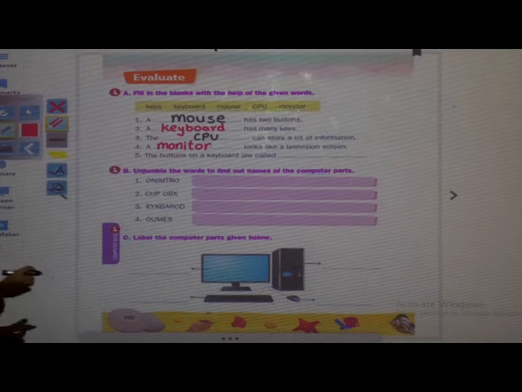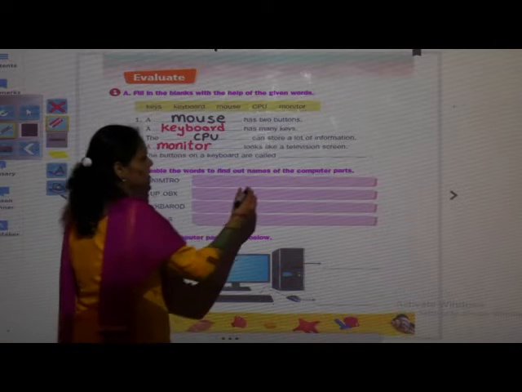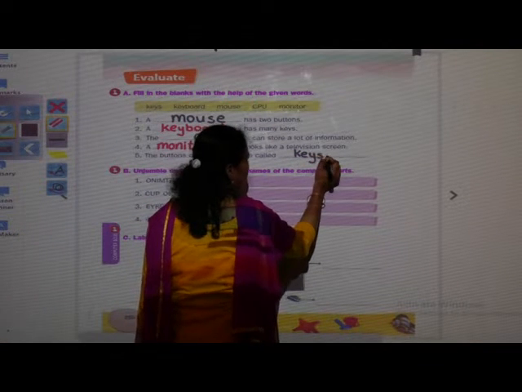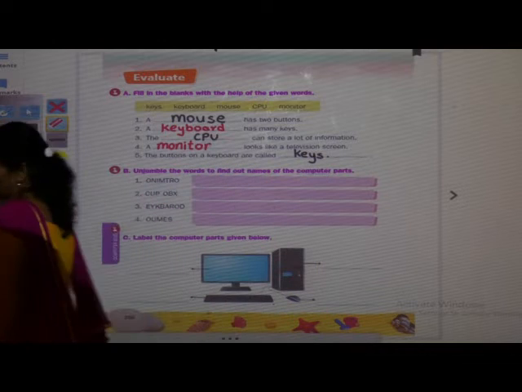M-O-N-I-T-O-R, monitor. And last, the buttons on the keyboards are called, yes, keys. Very good students. Write here keys, K-E-Y-S, keys. Write it fast.